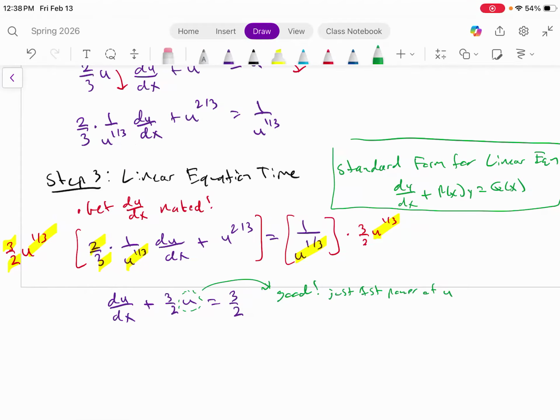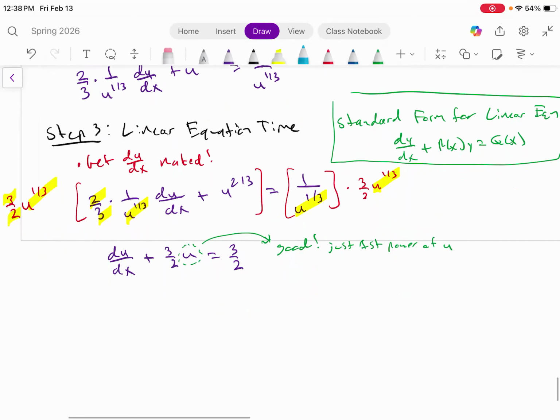And now how do we solve a linear equation? We've got to get the integrating factor and multiply it to both sides. So let's keep on moving down. The integrating factor mu of x equals e to the integral of p of x dx.